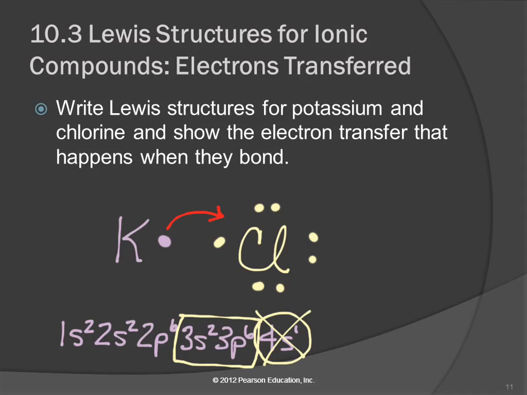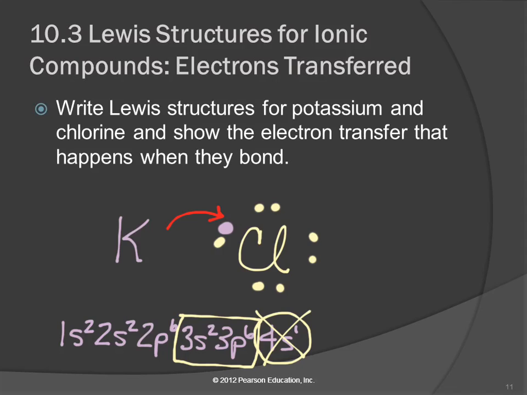chlorine over here. Because chlorine's got 7, and chlorine's thinking, if I could just get one more electron, then I'd look like argon. I have 7, I just need one more. And here's potassium trying to get rid of 1. So that was gone. What does that do to the charge on the potassium atom?